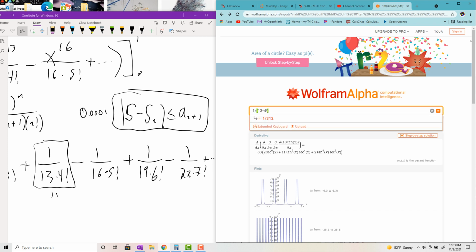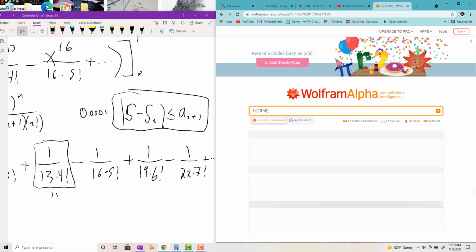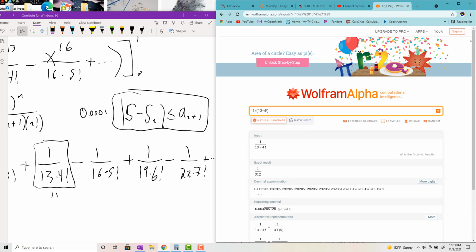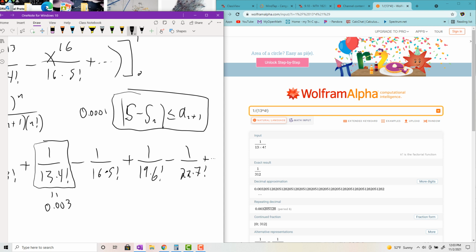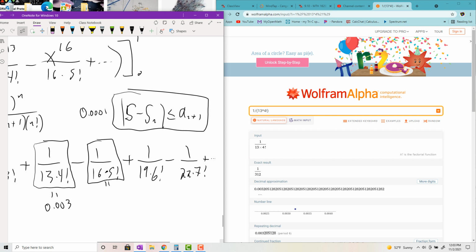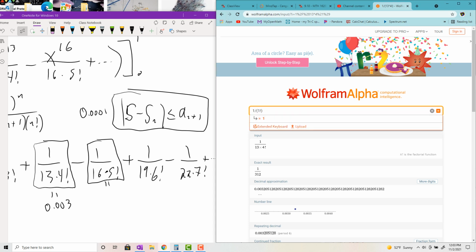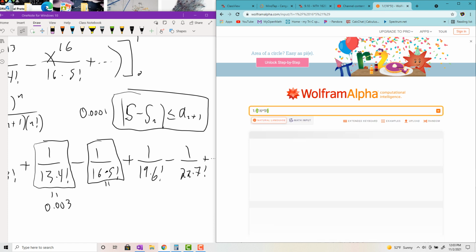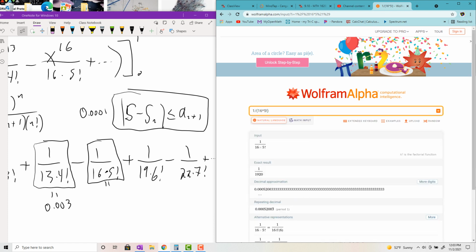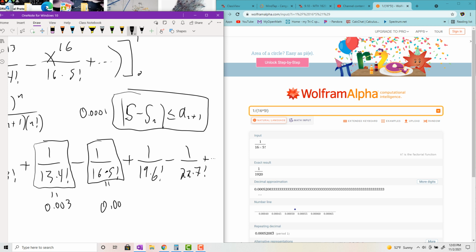Okay, I need a decimal, please. It's nice that they give you the fraction, but I need the decimal. That's not good enough. 0.003. Okay, so the next guy then, 16 times 5 factorial, 0.0005. Still not good enough. So I go here.